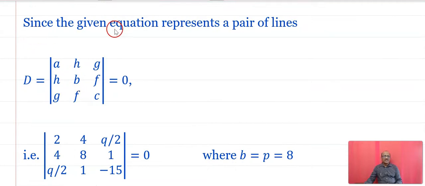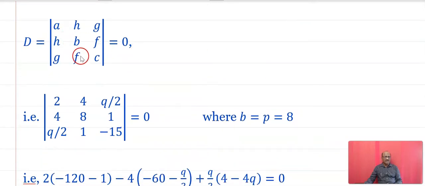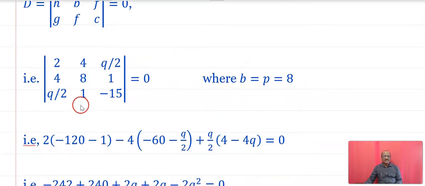Now since the given lines represent a pair of lines, the value of that determinant is equal to 0. Again substitute the values of a, b, c and f, g, h, then you will get, okay. Then evaluate this determinant. B is equal to p is equal to 8. If you substitute it and evaluate this determinant, that is 2 in bracket 8 into minus 15 minus 120, 1 into 1 that is minus 1 is here.